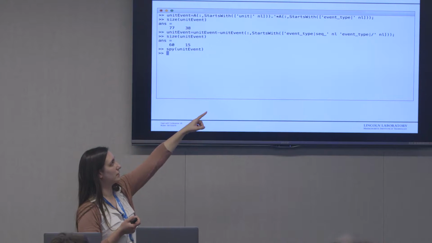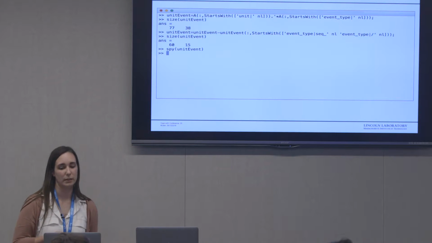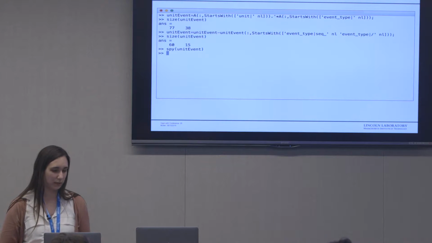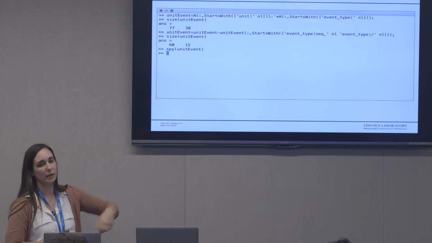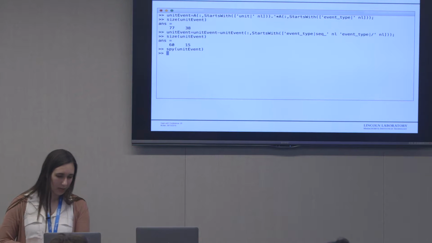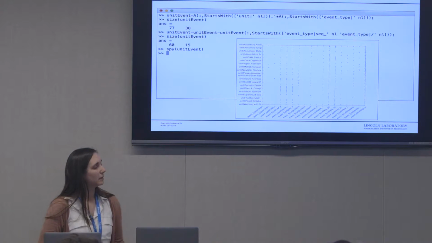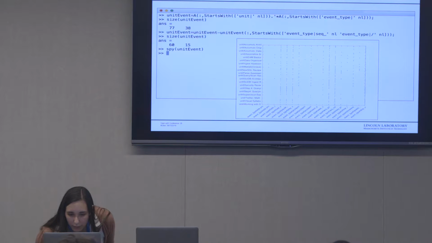Those are events that start with SEQ. We're also removing all the navigation events, because we're not interested in those. So just by subtraction, you can get rid of the things that you don't want, which is very nice. And we end up with an adjacency matrix that looks like this.